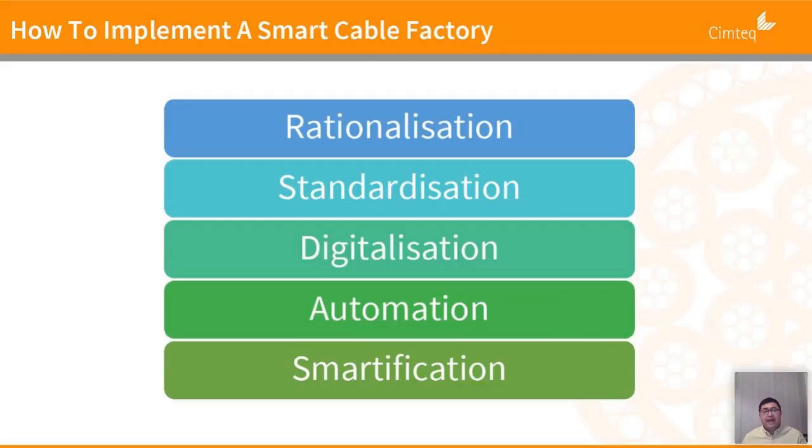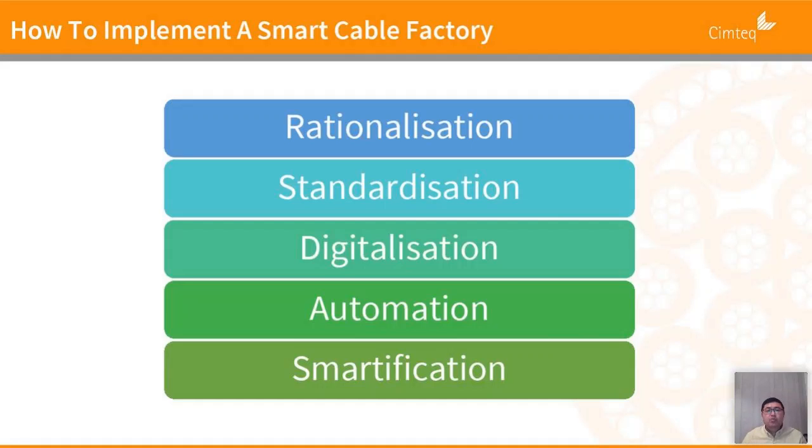Most of them have no idea where they are. So after talking to all these customers, I came up with these 5 steps as a guide. Let's see how you can evaluate where your factory is and how far away you are from your smart factory. There are 5 stages from top to bottom. If you want a smart factory, these 5 steps are something you must go through.